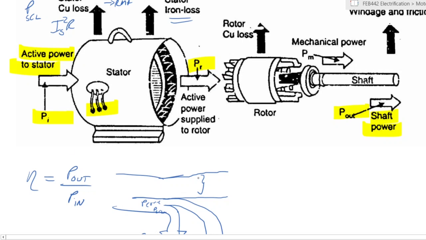We call that air gap power. The reason we call it air gap is that it is the power that crosses the air gap between the stator and the rotor itself. That's the actual power made available to the rotor for it to convert into mechanical energy.